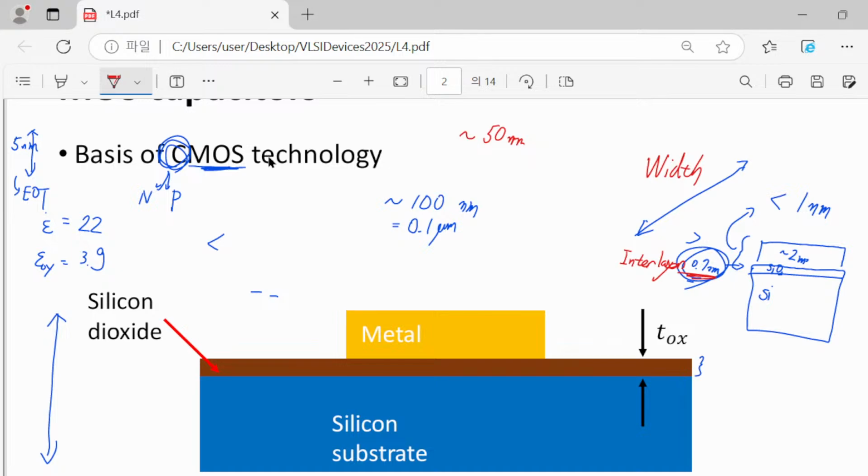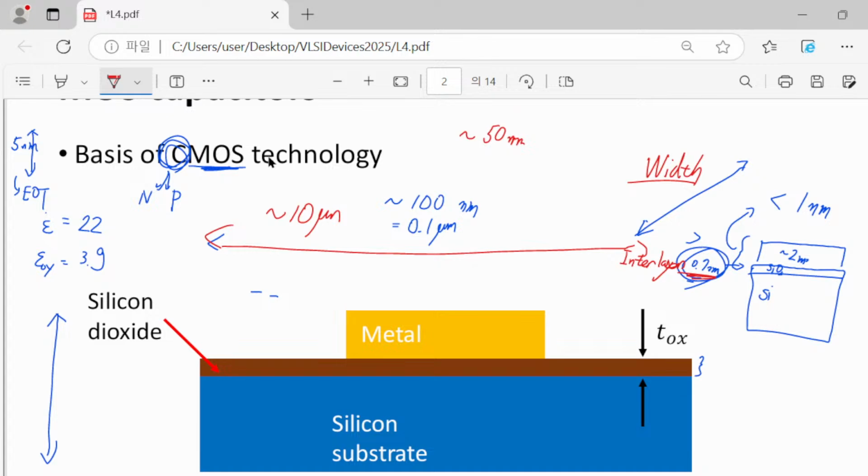But let's come back to several decades ago. So several decades ago, the length scale here was not like 0.1 micrometer. At the time, it was orders of 10 micrometer. Of course, with this direction, also we had similar length scale.